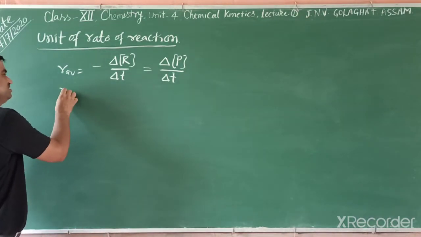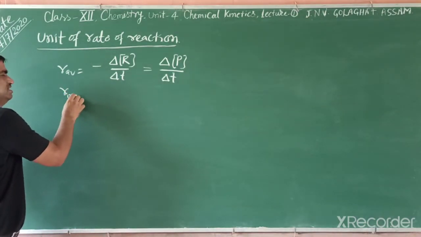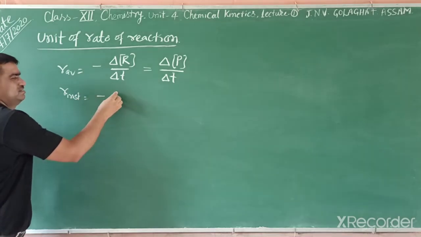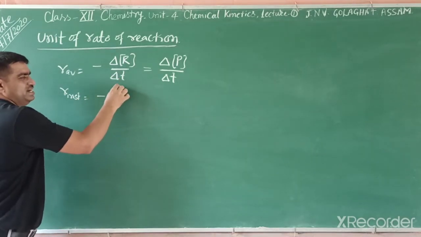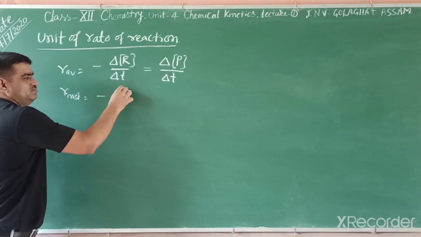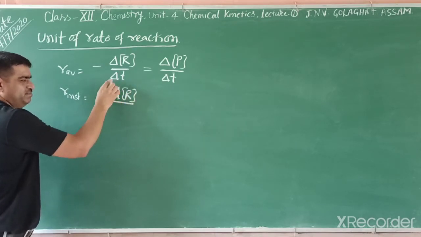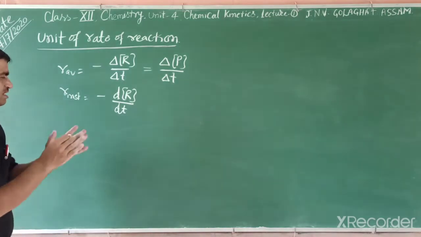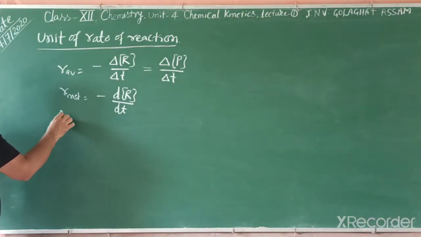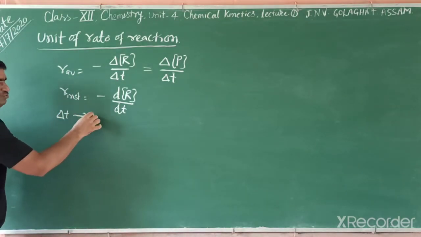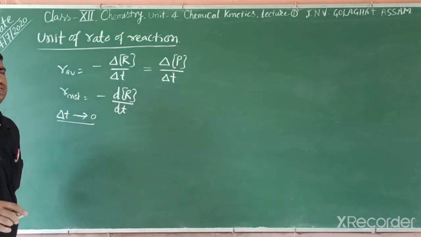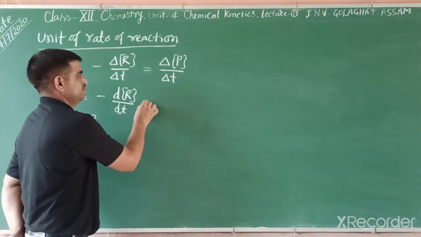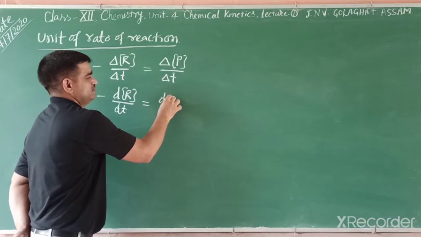If you write instantaneous rate, that also we write with minus, and in place of delta we write small d, a very small change in time, when delta T approaches 0, instantaneous rate, a very small change in time, that is dP.